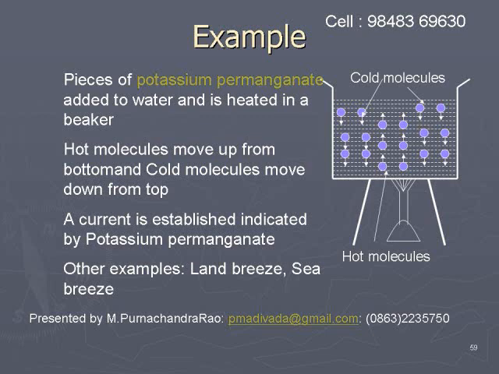We notice the flow of these molecules if we add potassium permanganate, because by adding potassium permanganate we can notice the flow of movement of these molecules. Other examples are land breeze, sea breeze, etc.